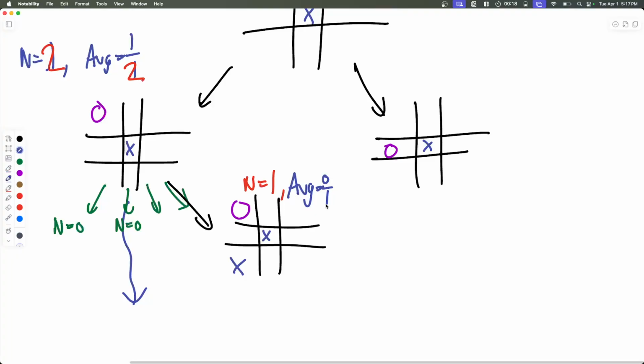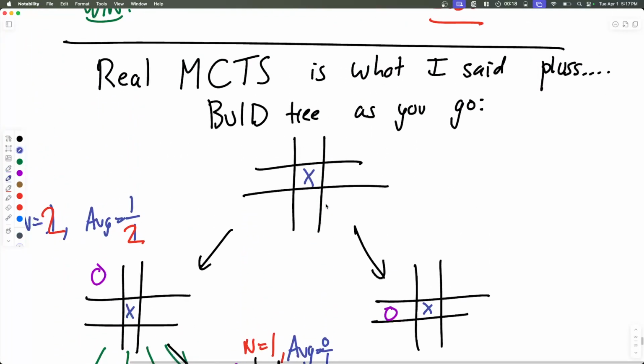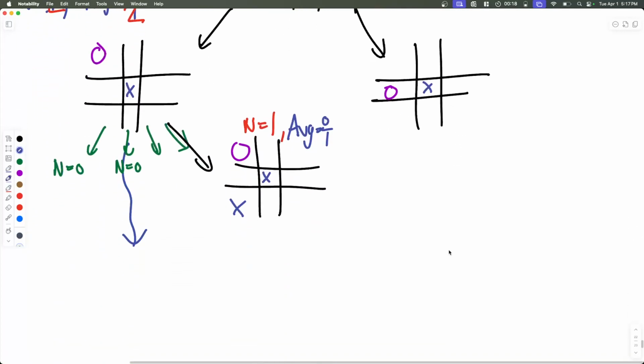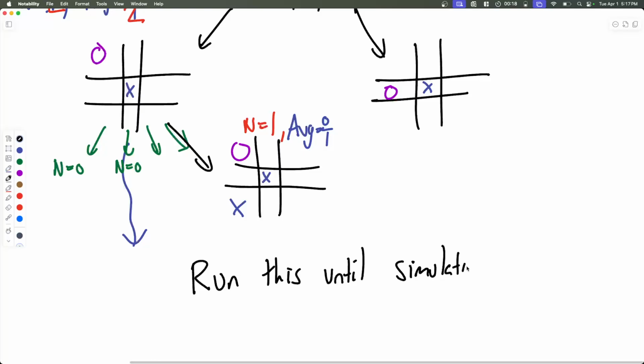And it has children, and its children are also the same kind of thing. You build it up over time. And then you pick some budget of how many simulations you're going to do, and at the end of the budget, you pick whichever is the best. So you run this until the simulation budget is exhausted.